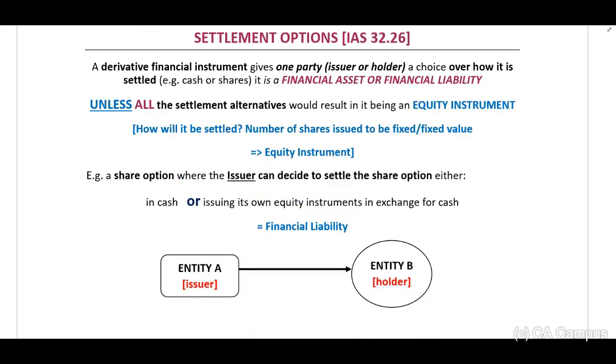Settlement options. What does the word tell you? There is options on how to settle the amount. These options can either be for the issuer or the holder, and they will have the choice over how they want to settle.